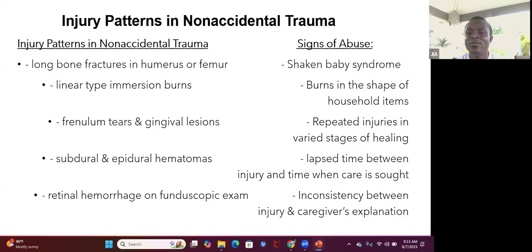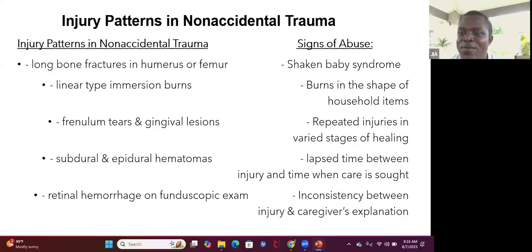Because when you shake the baby vigorously, the brain shifts, and even though we have meninges and coverings protecting the brain inside the skull, you can still have trauma, the brain hitting inside the skull. So that can cause neurological issues. So it's a sign of abuse when that is suspected.